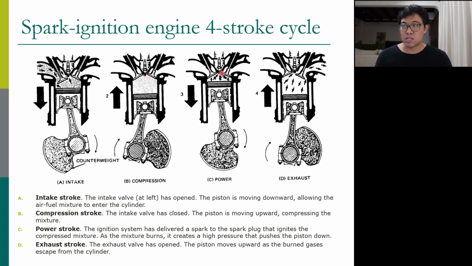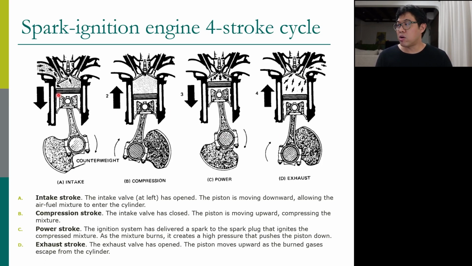Then the spark plug generates a spark, so the fuel is burned and releases energy, pressure, and heat that push down the piston, and the exhaust gas is pushed out during the exhaust stroke. So those are the four strokes.